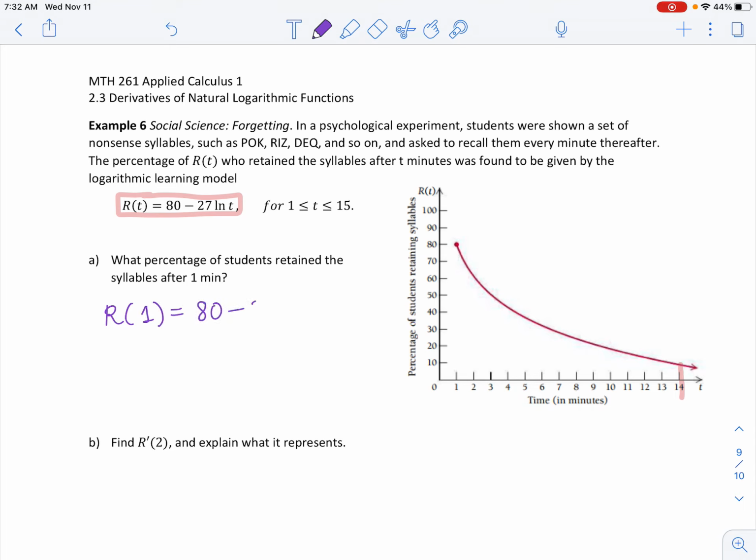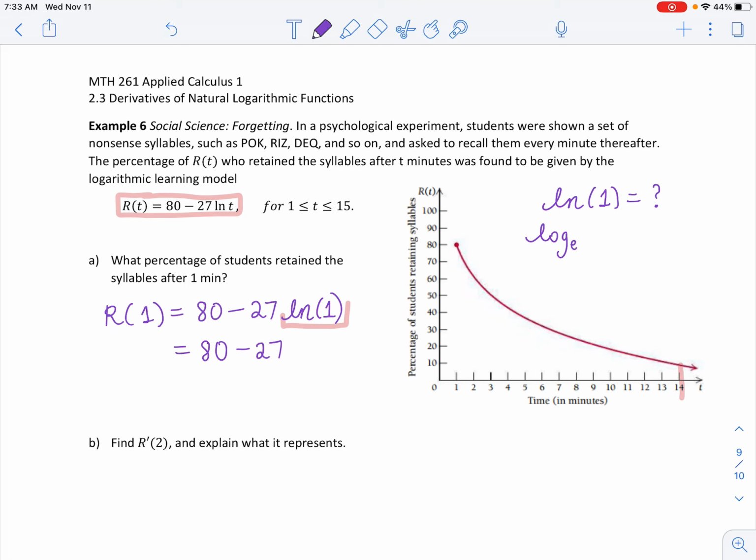That is 80 minus 27 times natural log of 1. Okay, now listen, do you remember what natural log of 1 is? We talked about all these basic ones before, but if you want to use a calculator, I don't mind at all.